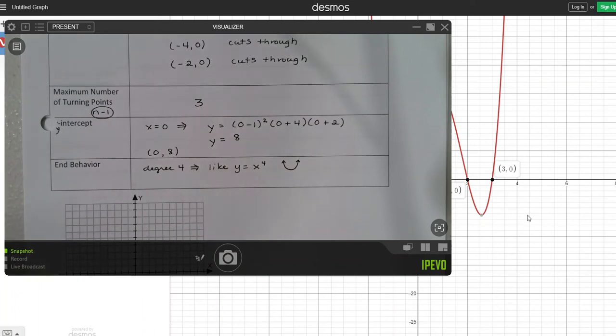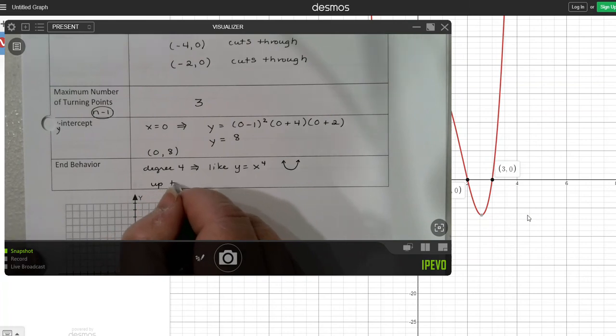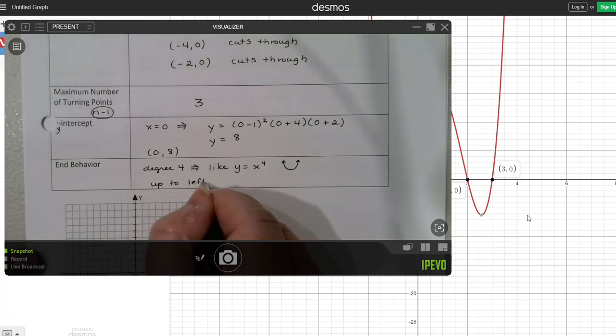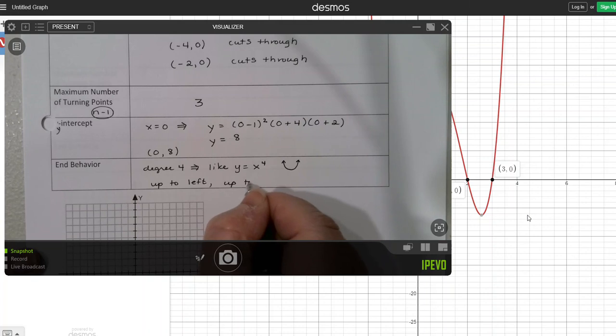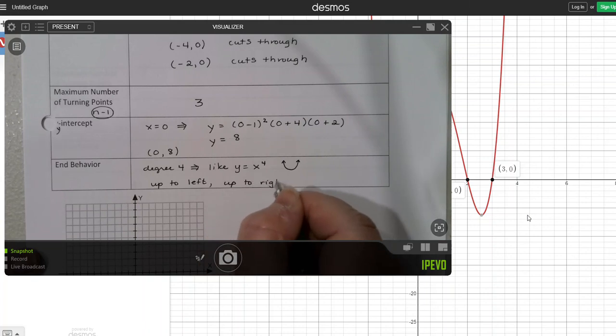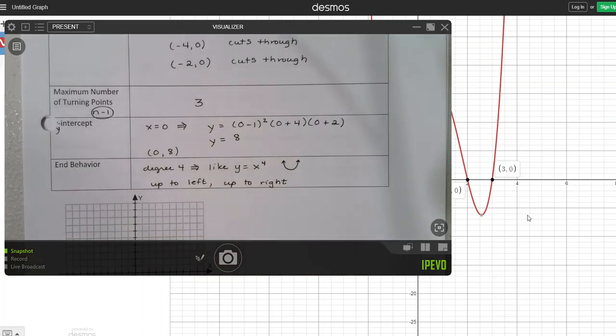So my end behavior is going to be up to both the left and right. Okay. So that's the kind of analysis that I'm looking for in the chart that I'll be giving you on the homework. And then putting all this information together, let's see what we can draw.